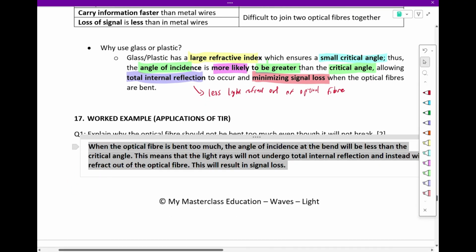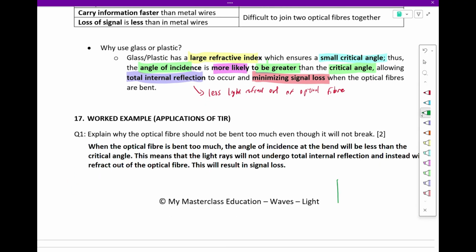Now let me just do a quick sketch, so you can just imagine I have a very extreme bend like this. Okay, so what happens is if my light travels all the way to this point here, all the way to the extreme, and when you draw your normal, you notice that the angle i is going to be less than c. So what will happen is that the light will actually go out and escape.